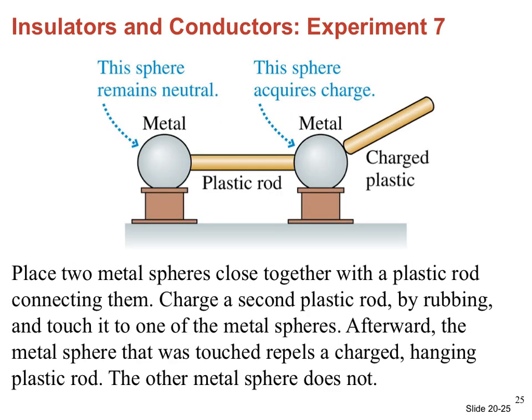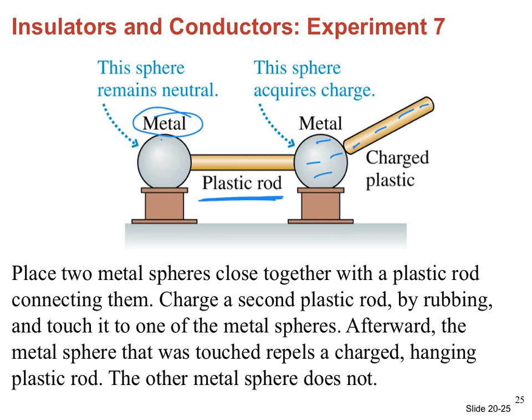But I could expand on this experiment, and I could bring this charged plastic rod here and touch it to the metal, which we know is going to be negatively charged. But then this other metal sphere over here remains neutral. So what happened? Well, the charge was transferred to the metal sphere, but in between, I have this plastic rod that's touching both of them.